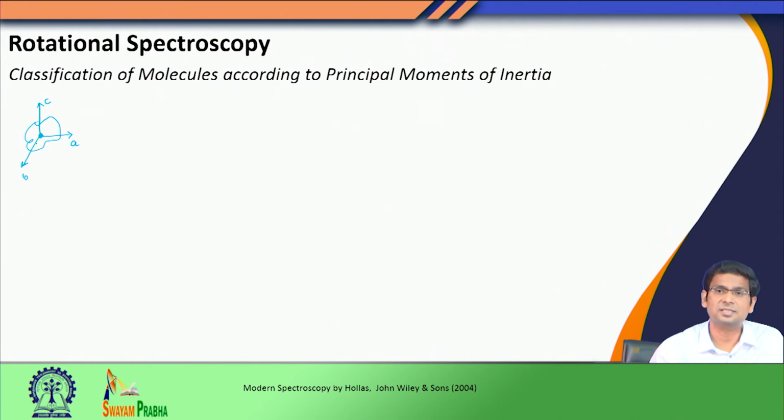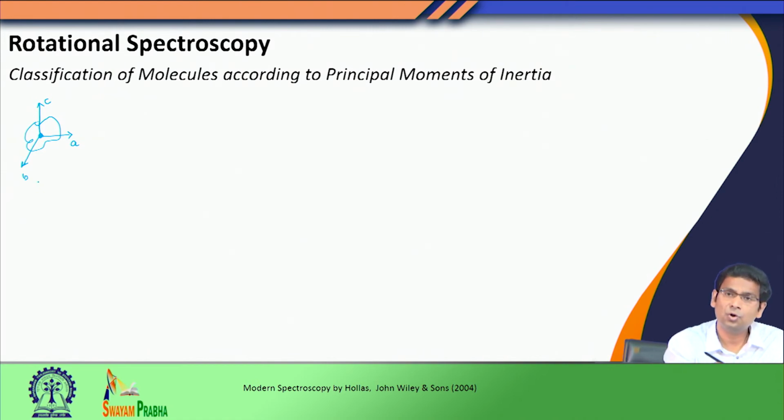The origin of this axial system is the center of gravity of this molecule, and these are 3 mutually perpendicular directions A, B and C. Now, we have to imagine that the molecule is rotating along these 3 principal axes.